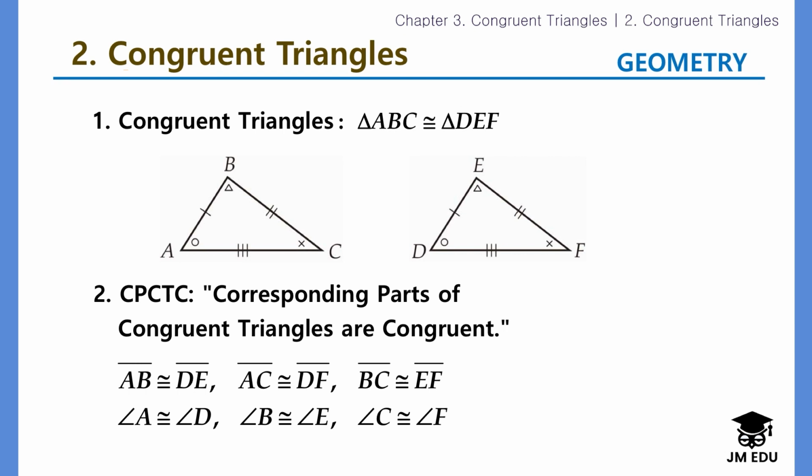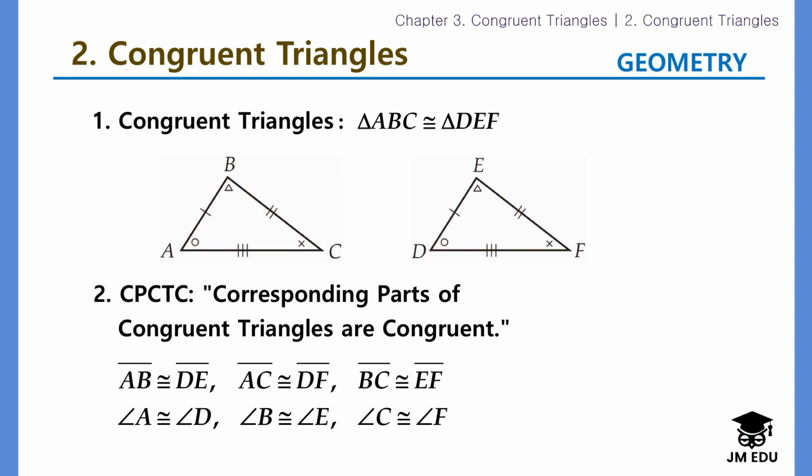Okay? All right, number 2, CPCTC. CPCTC means corresponding parts of congruent triangles are congruent, which means when these two triangles are congruent, corresponding parts, angles A and D are congruent, B and E congruent, C and F congruent.